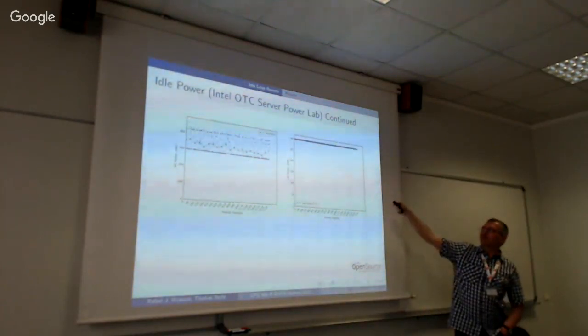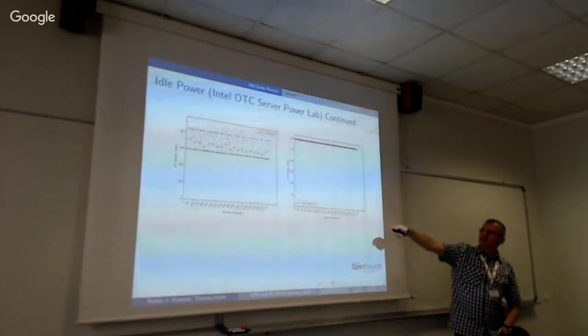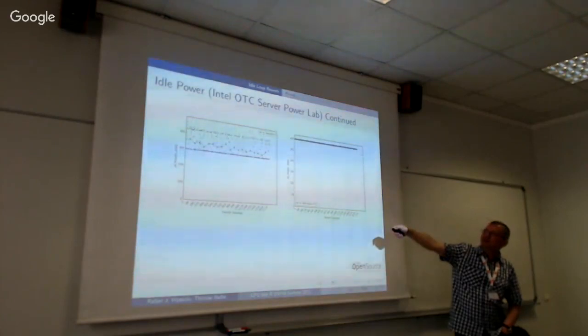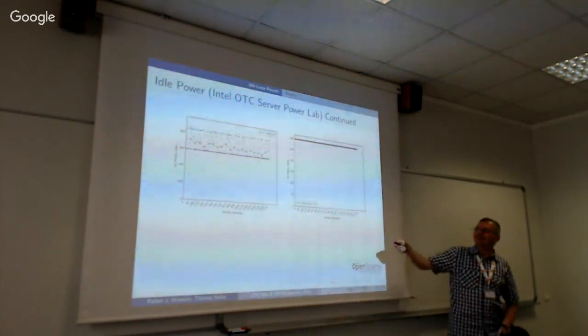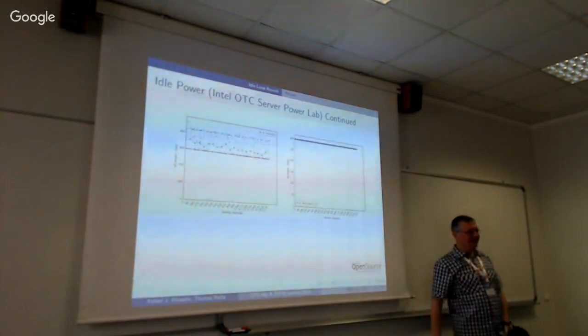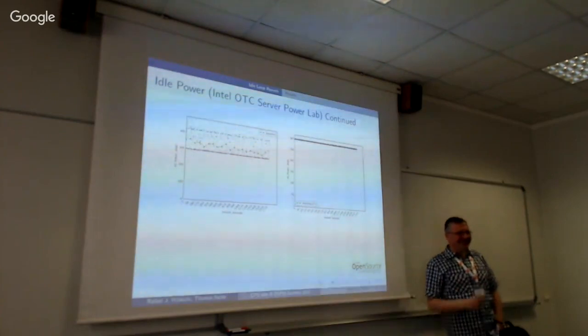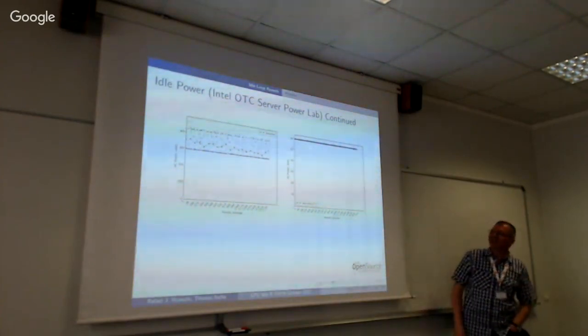A bit of noise you can see, and here the jumps are up to like 450 watts in some cases. So the system basically goes to the turbo range in idle. It looks like there's a certain level on top, right?